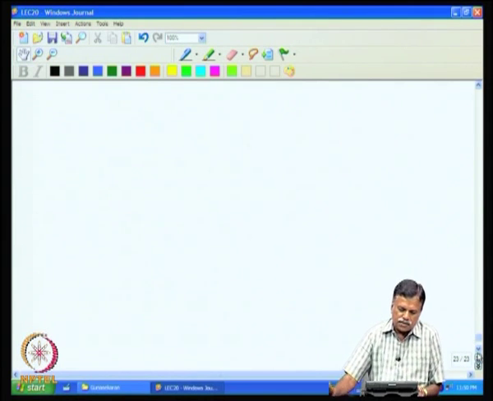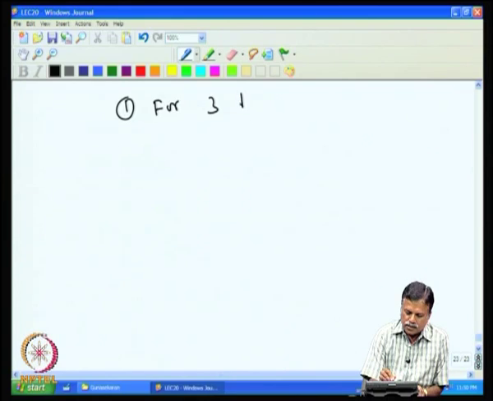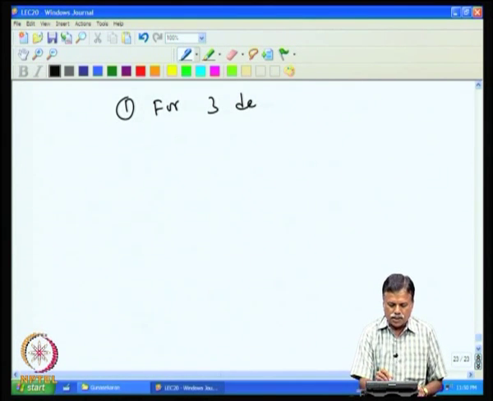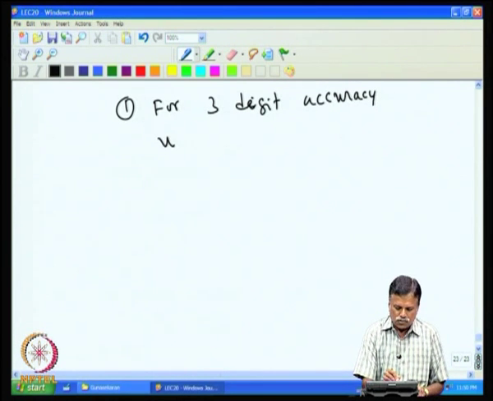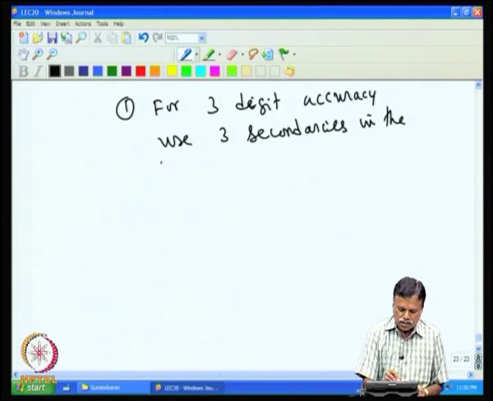So, I will put it in order now. To measure this, for 3 decades, or 3-digit accuracy, use 3 secondaries in the ratio transformer.